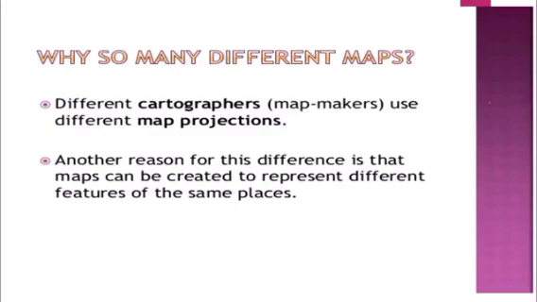Why so many different maps? Different cartographers use different map projections. Here, cartographers means map makers. Another reason for this difference is that maps can be created to represent different features of the same places.